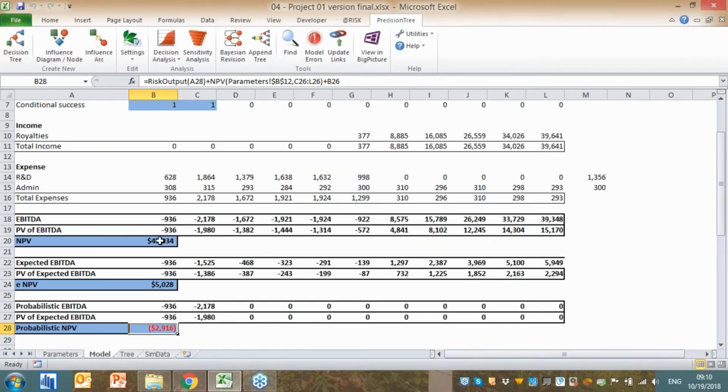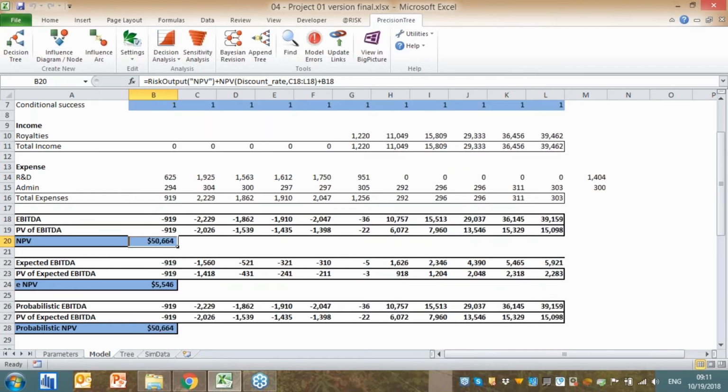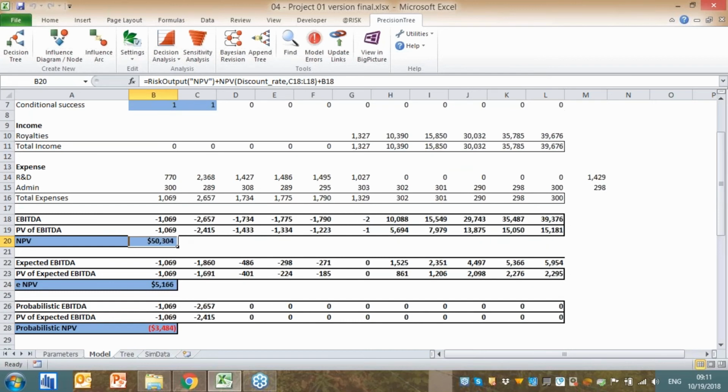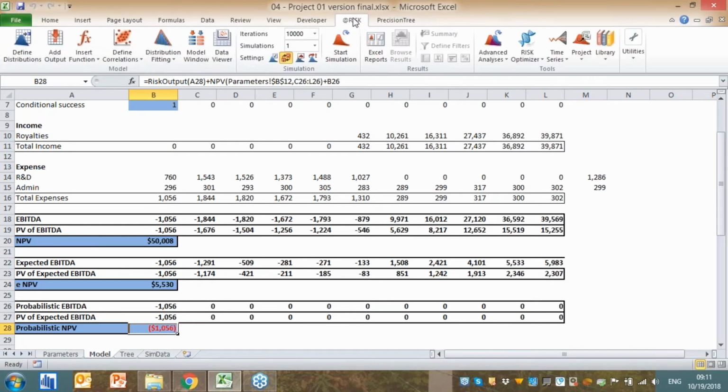Now we've got approximately our 48 million. This changes, and you'll see in a minute why it changes. I am pressing F9. That's why you're getting different results over here on NPV. You're getting slightly different results also, as with every single F9, that is recalculation, on my expected NPV, and the same thing is happening here with the probabilistic NPV. So let me go back to the basics of Monte Carlo simulation being managed here by @RISK to show a couple of things.